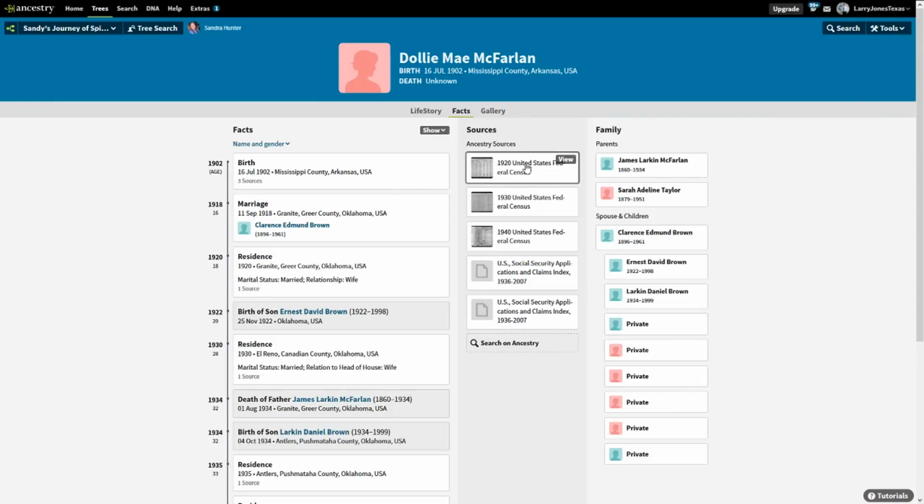We've got what looks like a fairly well-documented node. We've got census reports from 1920, 30, and 40. There's not a 1910 for Dolly. But other than that, it looks like pretty good information, Social Security information. So what we have here, we have the number of children. And again, I know you can't take trees at face value just by looking at them, but we're trying to find out who our biological family is.